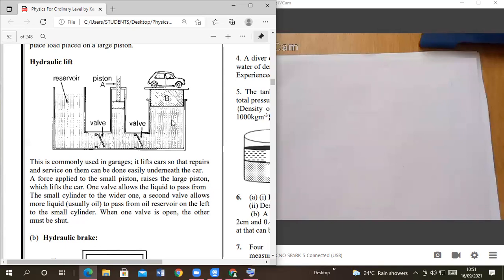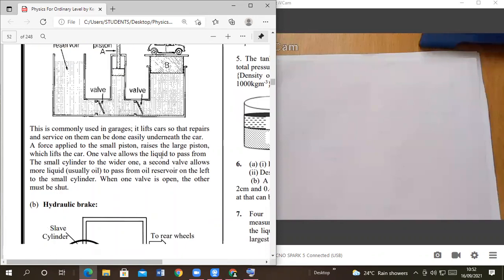The pressure inside the fluid forces the piston to rise, and this will make the car rise up. So that is what we call the hydraulic lift, which also uses the principle of Pascal's transmission of pressure in fluids.